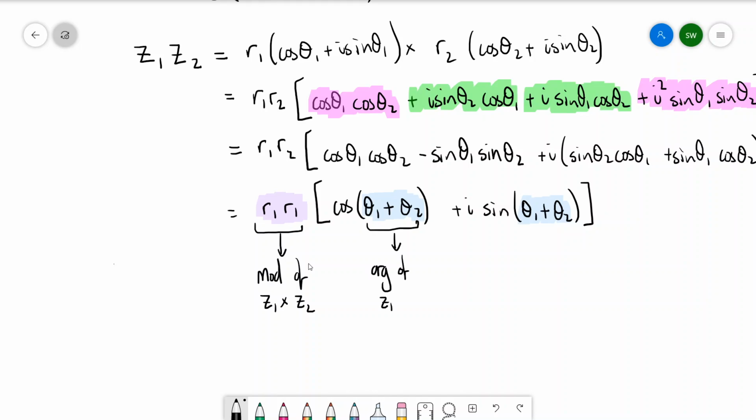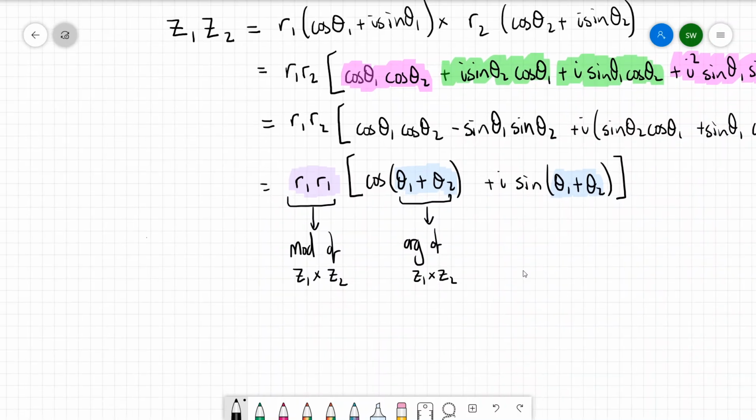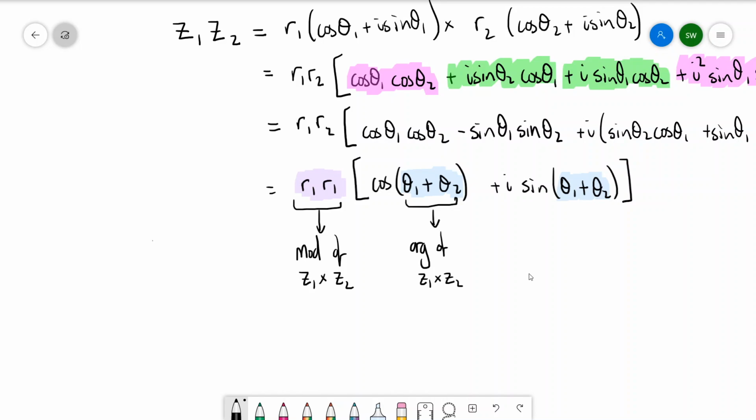of z1 times z2. So that gives us a formula which tells you that if you want to work out the modulus of z1 times z2, all you need to do is multiply together the modulus of z1 and the modulus of z2, because we've got r1, sorry, that should be r2, r1 r2 at the front.